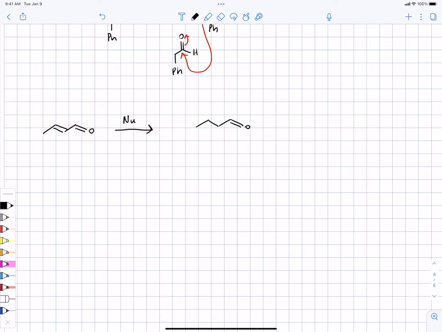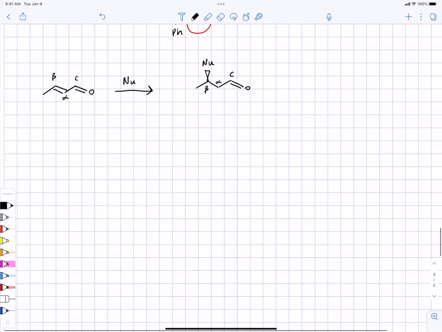And imagine you want to do it in a stereoselective way. Carbonyl carbon, alpha carbon, beta carbon. Of course, if your nucleophile isn't chiral, good luck getting enantiomer enrichment there. But you can choose a catalyst that is chiral, and you can take advantage of iminium chemistry.